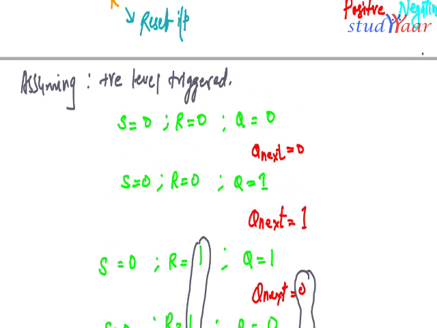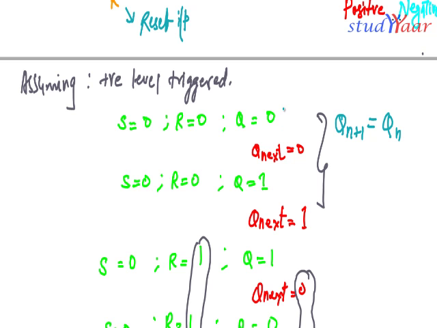And you can say whenever your S and R are both 0, then your Q next is equal to your previous Q. Okay, you can see this is same and this is same. Okay, so here I am going to write your Qn plus 1 is equal to Qn.